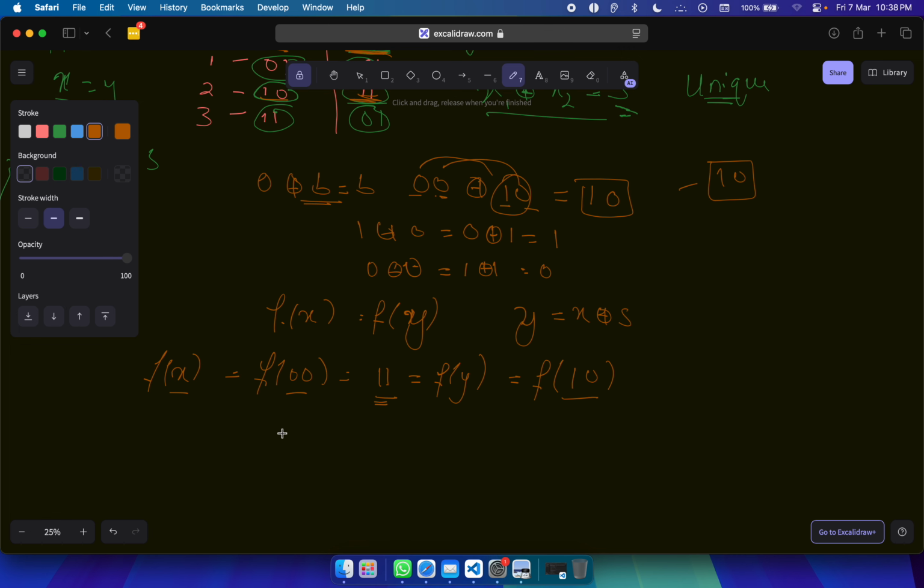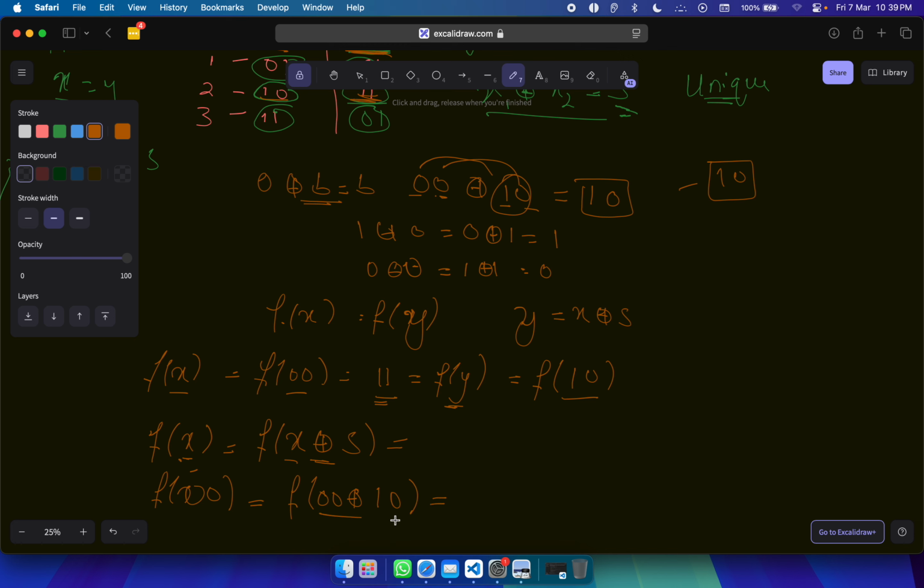Now let's check whether f of x is equivalent to f of x XORed with s, right? Because we know that this should generate the same output. So let me say that f of x is 0 0, and then f of x XOR s, where these are the same values, they haven't yet incremented or anything, and the secret string is going to be 1 0.